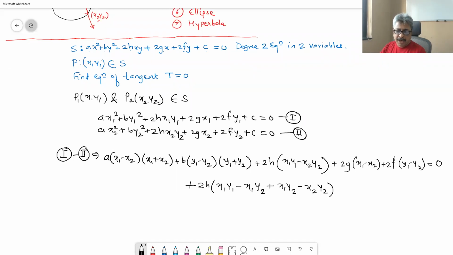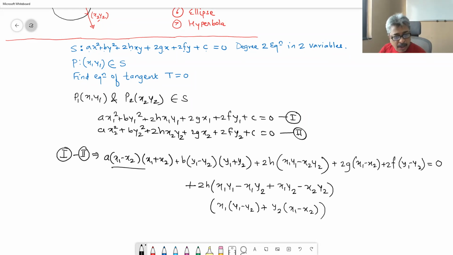Is this the same bracket with 4 terms which we have written? Now what happens inside is x1 comes out common, y1 minus y2 plus, what happens here? y2 comes out common into x1 minus x2. That is precisely what you wanted.